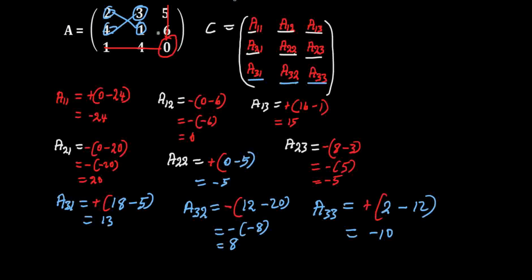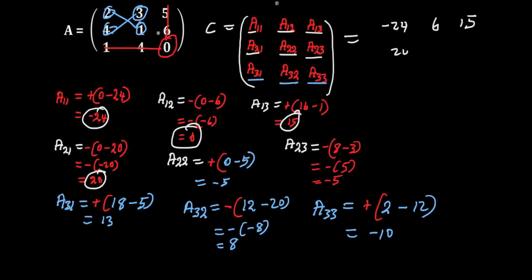So now we have found the value of each element in the cofactor. All we have to do now is to plug in the values. So the first one is negative 24. The second is 6. The third is 15. And this is 20. This is negative 5.